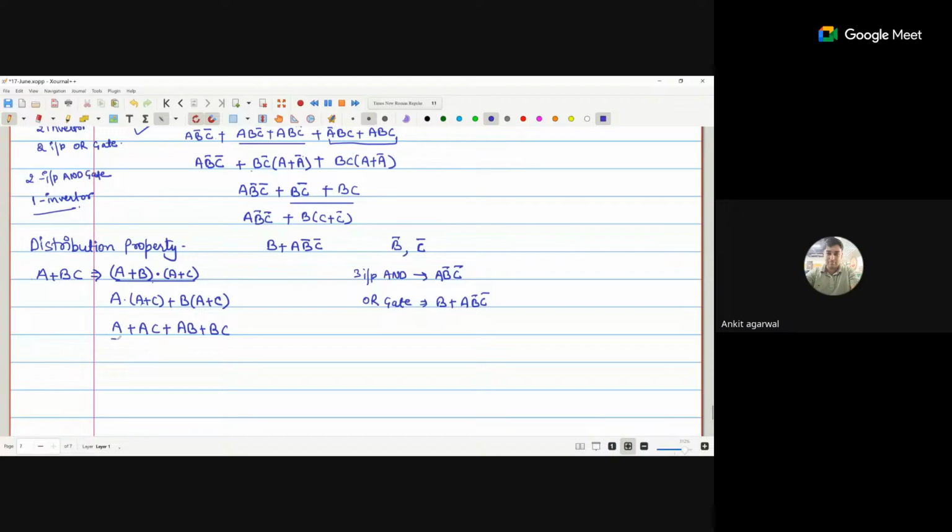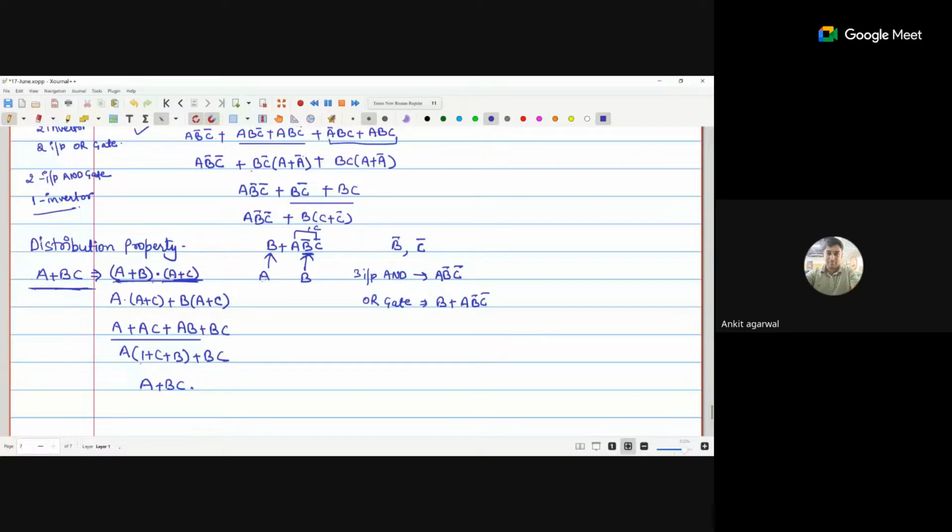From these three I am taking A as a common, so 1 plus C plus B, plus BC. 1 plus anything is 1, so A plus BC is there. So I can write A plus BC in the form of A plus B and A plus C. Now, this is the A. This one I am taking as a B, and A C bar I can take as a C.